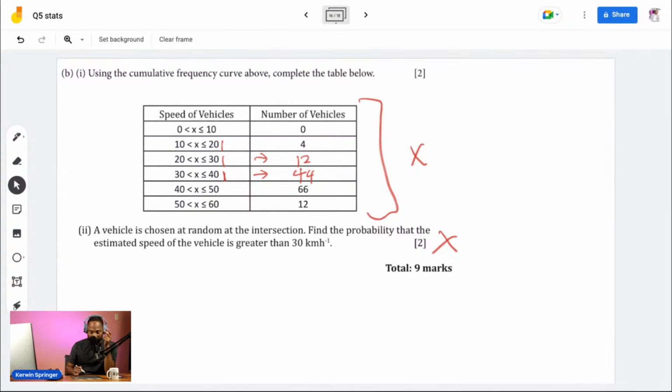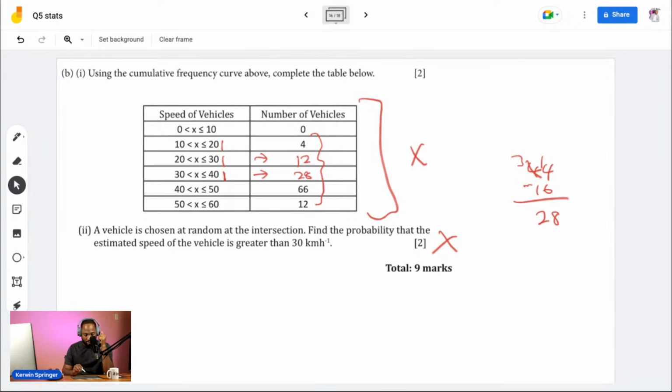You need to take away all of those from before too. So if I take away 44 minus 16, how much do I get? 28.